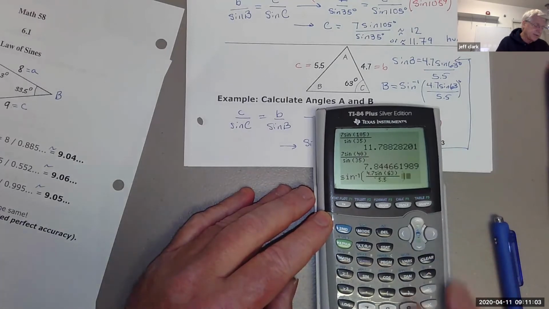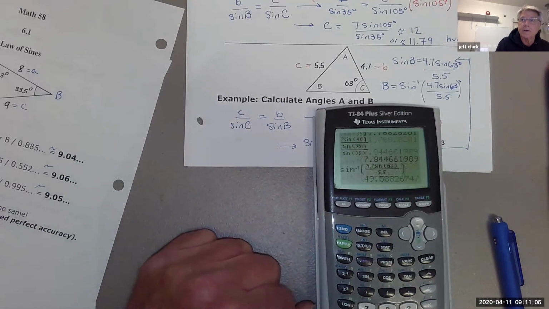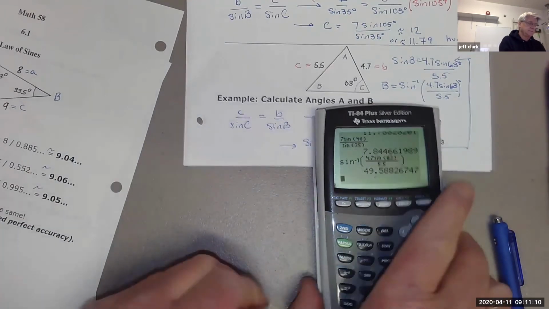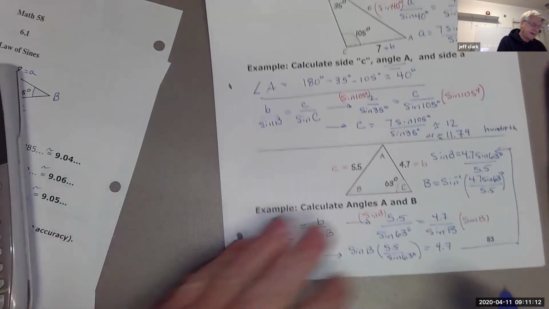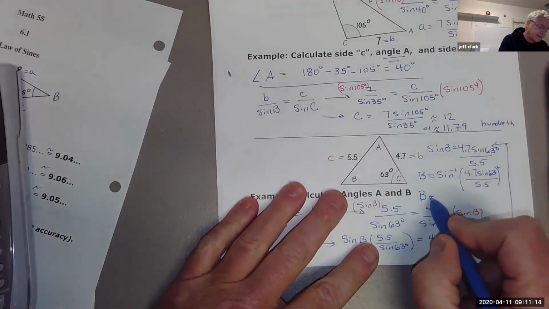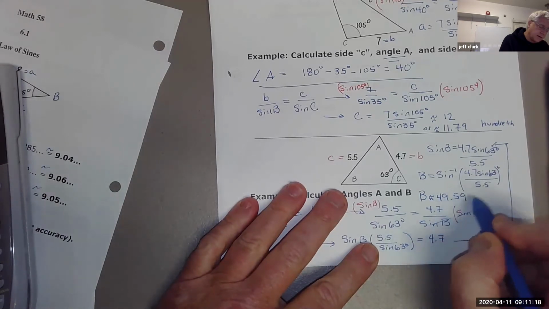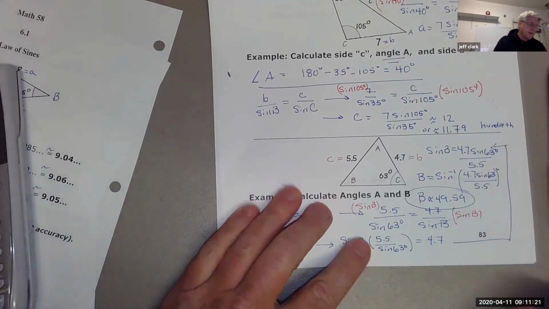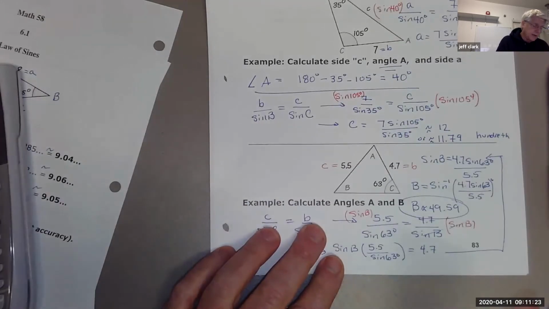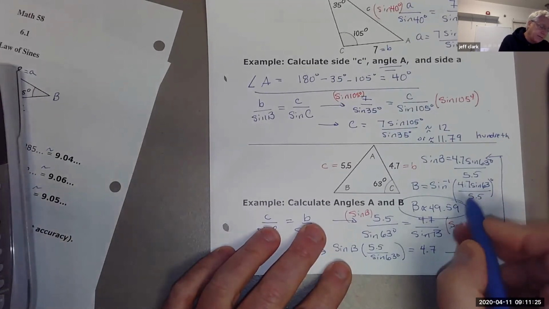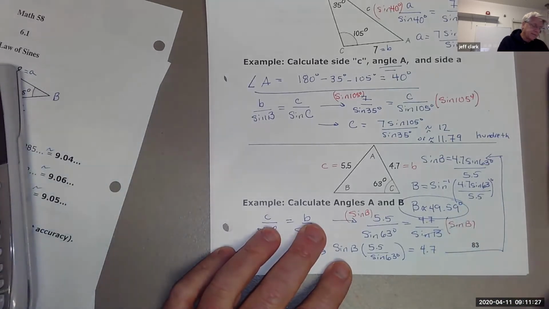Close up my parentheses, hit enter, keep my fingers crossed. I get 49.59. Okay, and that's angle B. So that would be a degree right there.